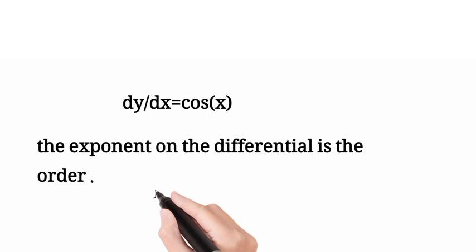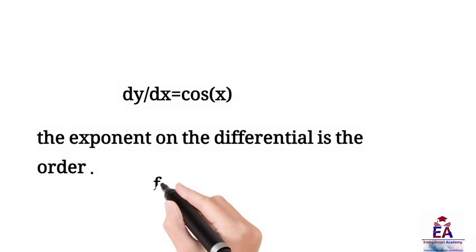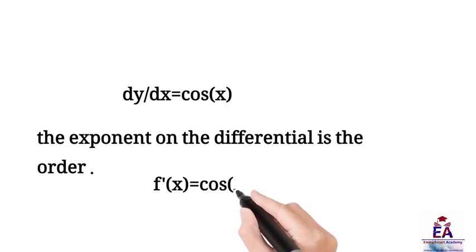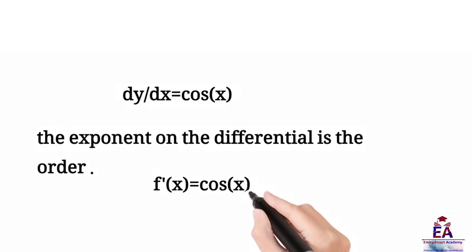So for this one now, we have dy/dx equal to cos x. The differential is what? The first differential of y with respect to x equals cos x.